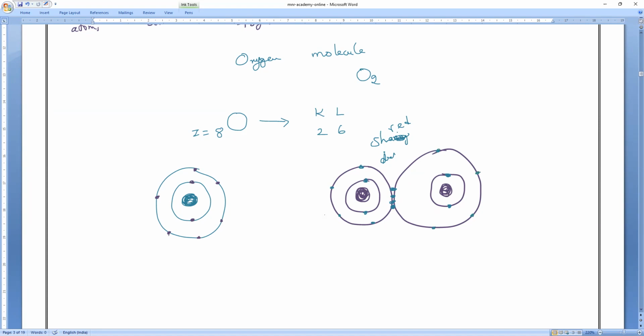Now if you see only one atom, how many electrons appear in the outermost shell? 4 plus 4, 8. Like that, both feel that they have 8 electrons and become stable in nature. Do you all understand? Please respond, everybody.